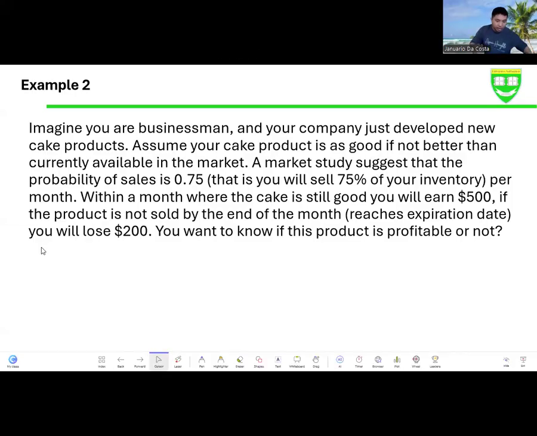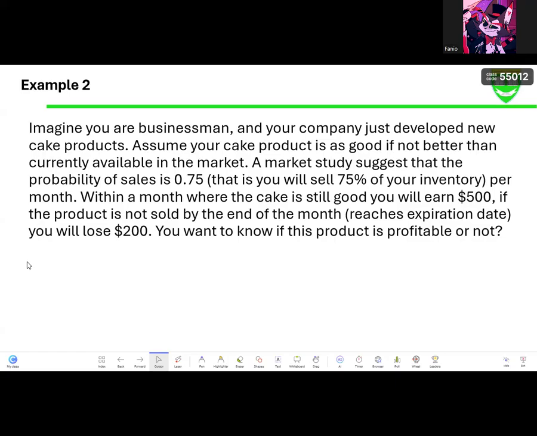All right. Favanyu, can you read this problem for us? Imagine you are a businessman and your company just developed new cake products. Assume your cake product is as good, if not better, than currently available in the market. A market study suggests that the probability of sales is 0.75.